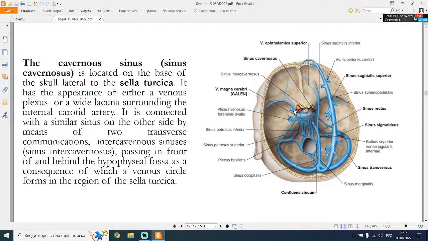It is connected with the similar sinus of the other side by means of two transverse communications, the intercavernous sinuses, passing in front of and behind the hypophyseal fossa, as a consequence of which a venous circle forms in the region of the sella turcica.